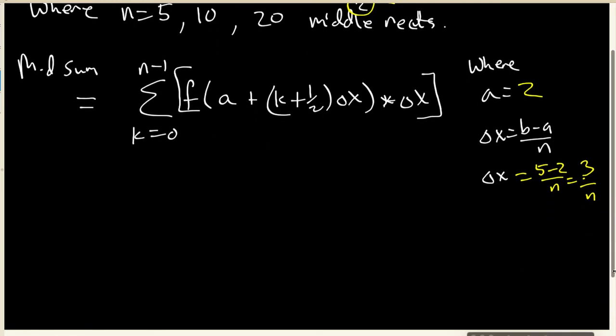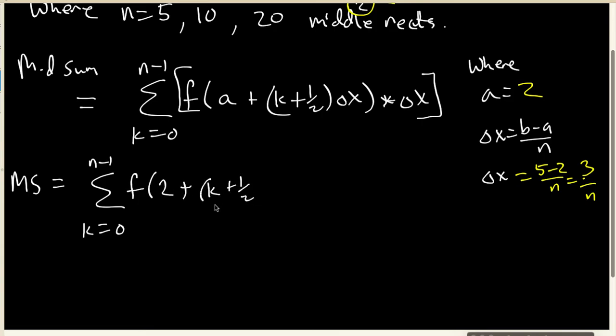So now I'm ready to simply substitute in for my midpoint sum. So my midpoint sum is going to look like the sum as k goes from 0 to n minus 1 of f of, let's see, a was 2 plus k plus 1/2 times delta x, which is 3 over n, and then times another 3 over n.